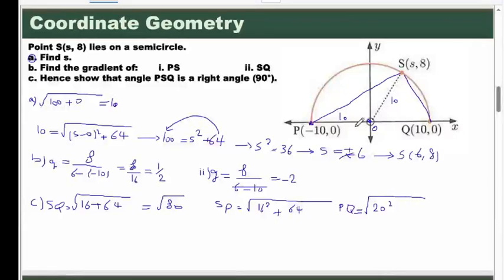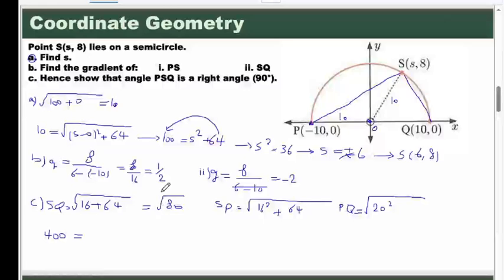Now, to prove that it follows Pythagoras' theorem, the hypotenuse squared, that means PQ to the power of 2, that's 20 to the power of 2, that's 400, equals SQ to the power of 2.